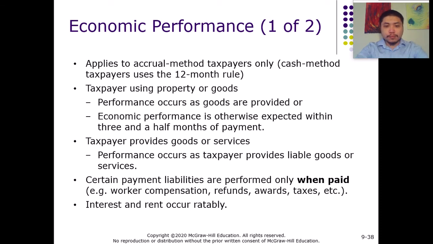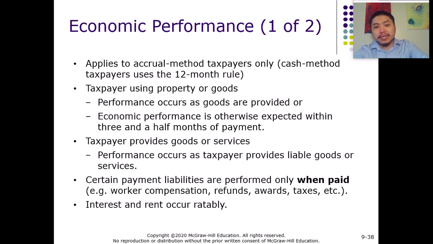What about the cases where the taxpayers are liable to perform some services or provide some goods? Maybe they're responsible to perform some services, and then they have to incur some expenses to fulfill those services, right?